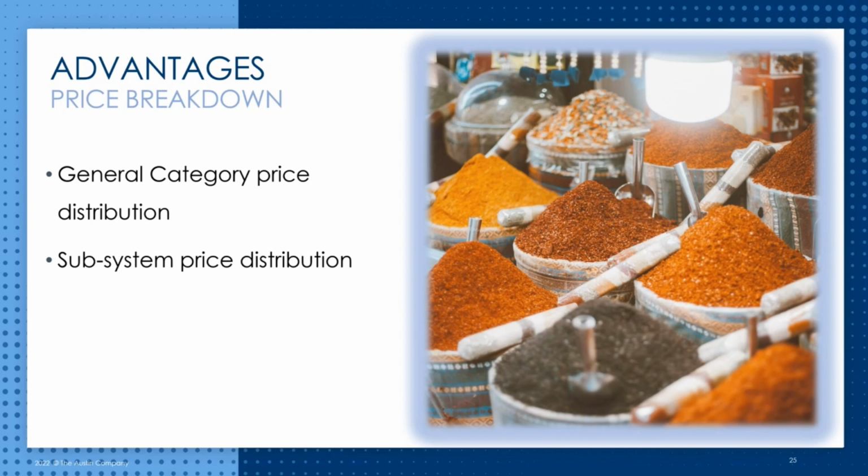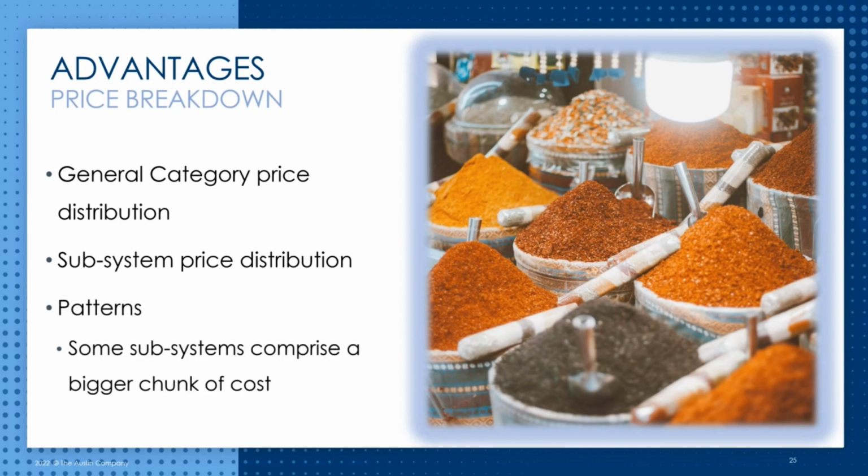Once we have the stratification, we can see the line item cost of each subsystem and see how it contributes to the price of the general category or material. Patterns emerge, which are useful in pinpointing project streamlining efforts. Take, for example, the general category of steel for industrial buildings. The columns of such steel buildings often comprise a chunk of 25 to 35% of total steel tonnage. So this sub-bin is a prime target for design streamlining.